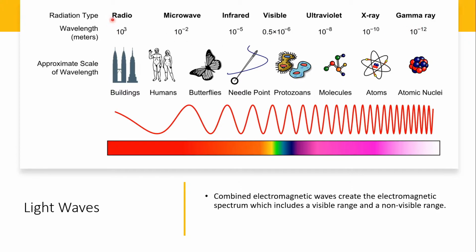So as you go from radio waves all the way to gamma radiation, you're reducing the wavelength, right? So when we're talking about radio waves, why do we use radio waves for transmission of data? Because you've got a larger wavelength, and a larger wavelength would mean that the single wave could travel a much longer distance, so you don't have to expend a lot of energy in order to create that transmission.